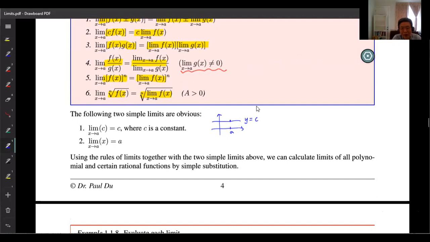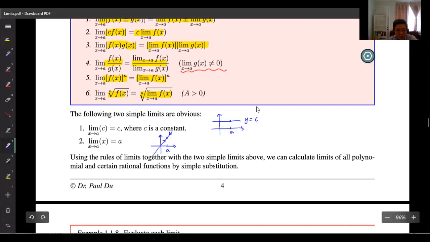As x approaches a, the function of course approaches a. It's similar for this one. Graphically, you can convince yourself: if a function is x, as x approaches a, the function will approach a too.